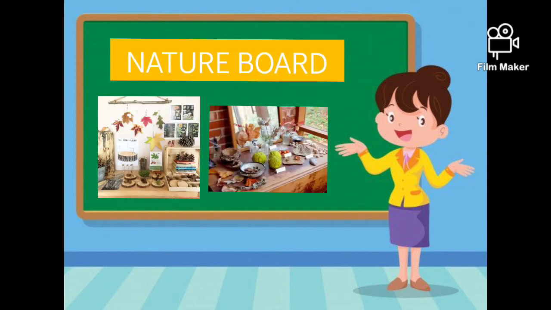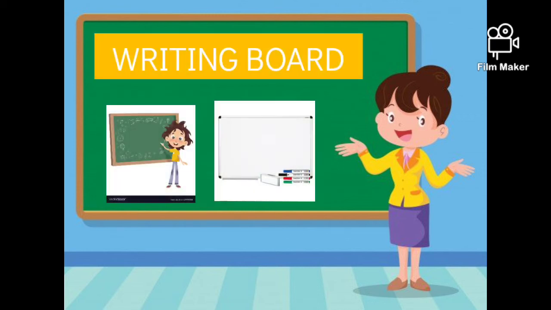Nature table. This is a table that contains objects and or scenes related to the current season or upcoming festival or a symbol of an ecosystem. Children love to follow the natural changes that the world offers each month, and classroom decorations reflect this. Writing board. A writing board can display information written with chalk on a chalkboard or blackboard, or special pen on a whiteboard. Although there are usually more effective methods of transmitting information, the writing board is still the commonly used visual aid.